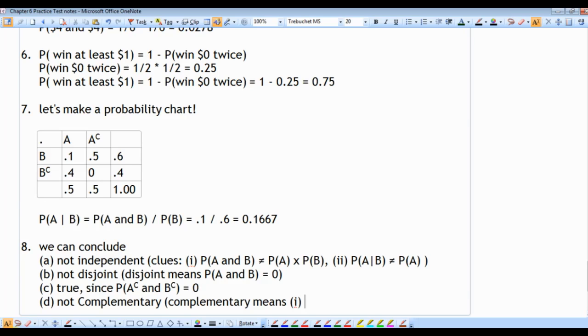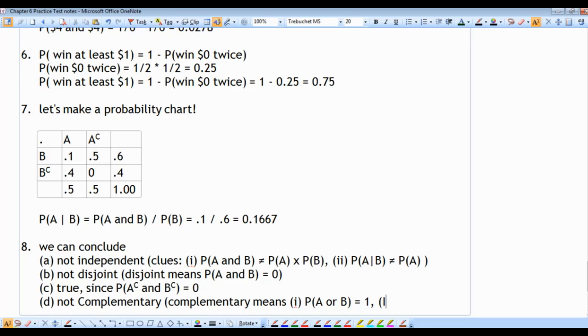Number one, the probability of A and B has to equal 1. No. A or B equals 1.